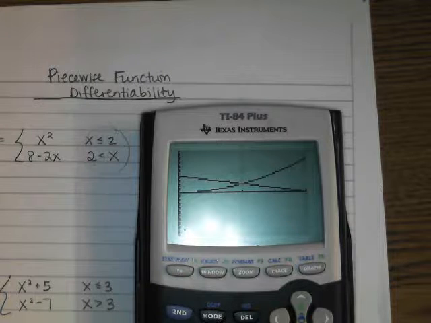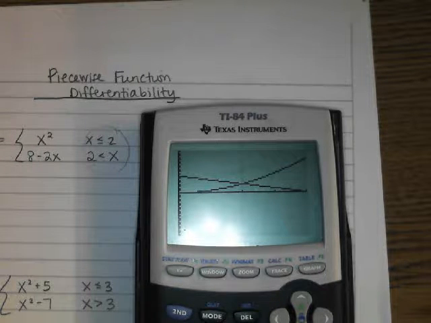Did we say 4 when we differentiated from the left? But then immediately after 2, this line always has a slope of negative 2. So the slope goes from 4 to negative 2 at a sharp point. There's no progression leading one into the other. So we're not differentiable. Does that make sense? Okay.